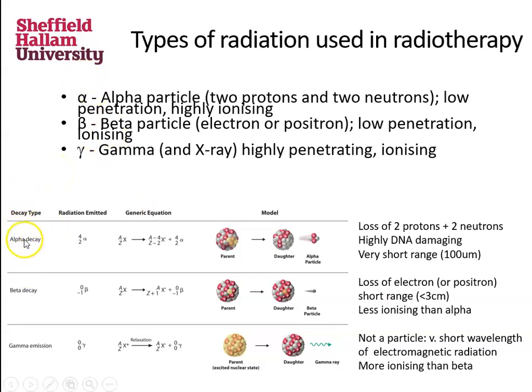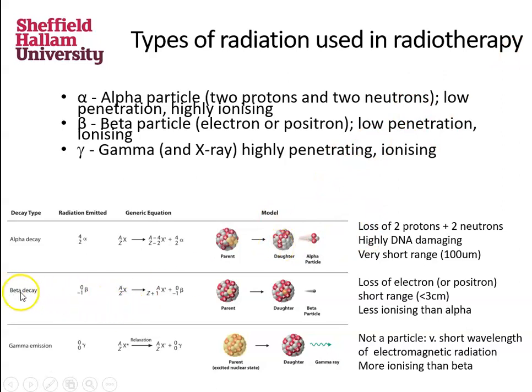That undergoes alpha decay. The radiation that's emitted is a helium nucleus, so 2 protons, 2 neutrons. This equation here just describes the loss of an alpha particle. So you've got a parent atom, and that radioactively decays into a daughter atom and emits the alpha particle. That alpha particle goes off and causes considerable damage to any nearby cells.